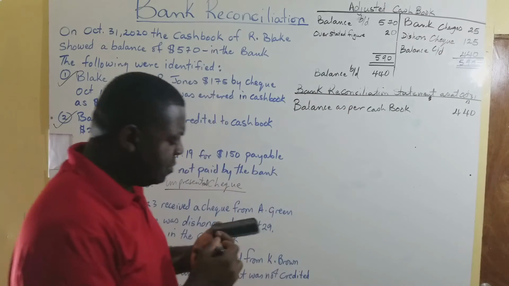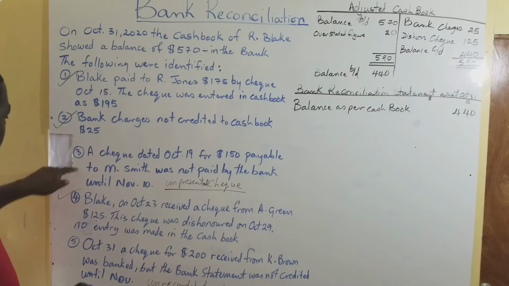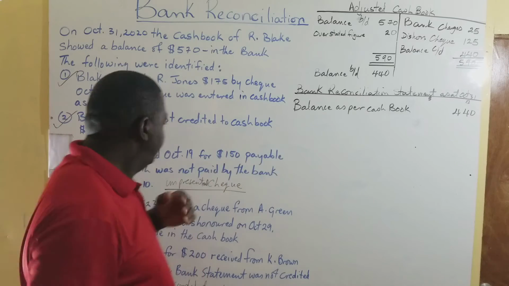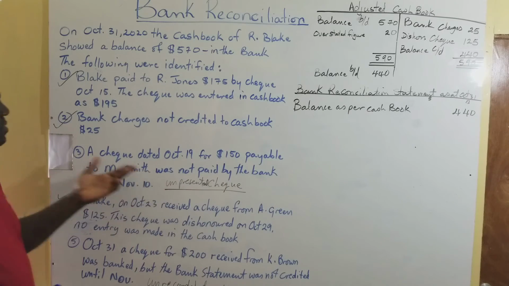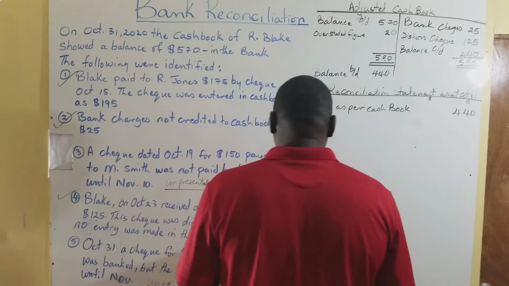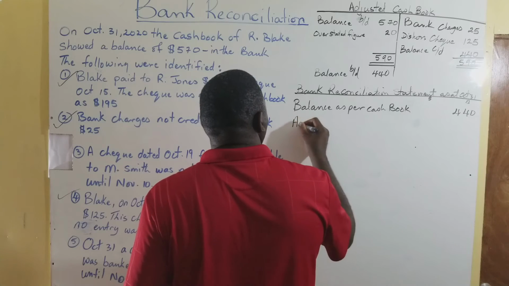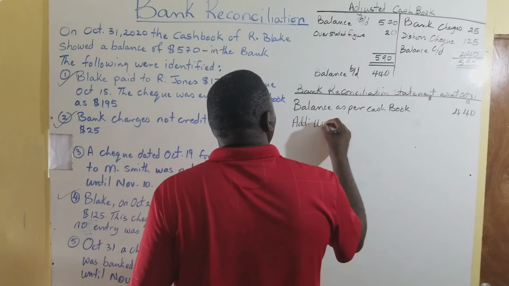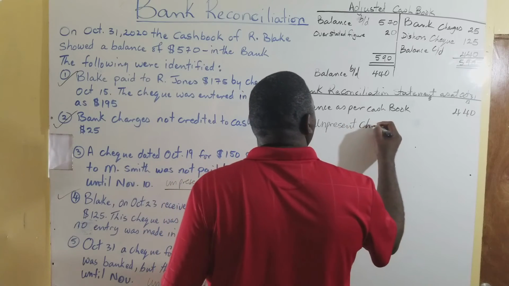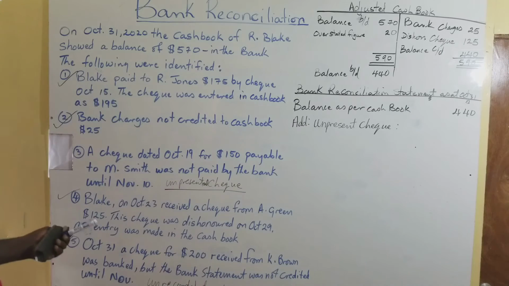Okay, now we have already identified these two items, and they're what we're going to use here. The first one, number 3, we identified to be the unpresented check, so we're going to record it now. So we add unpresented check, and to whom is this check referring?